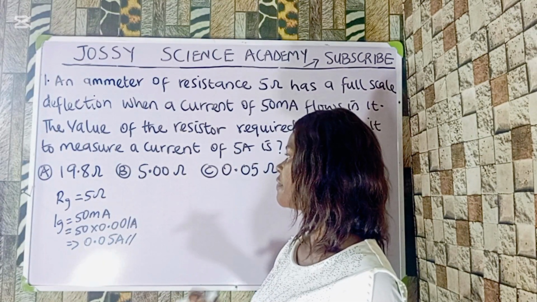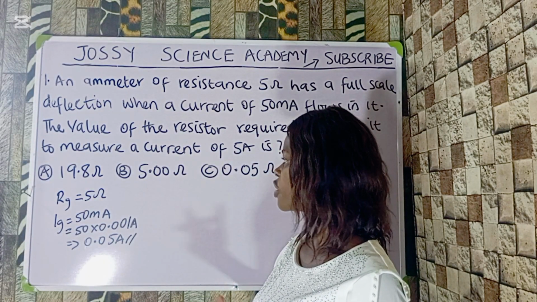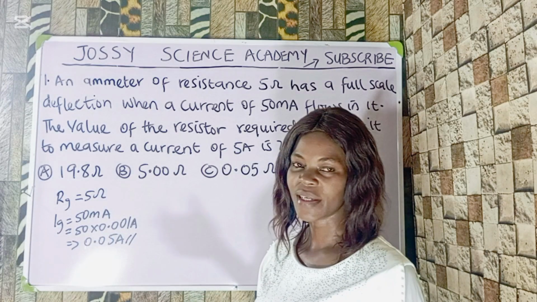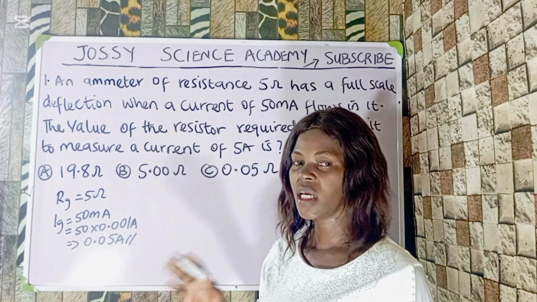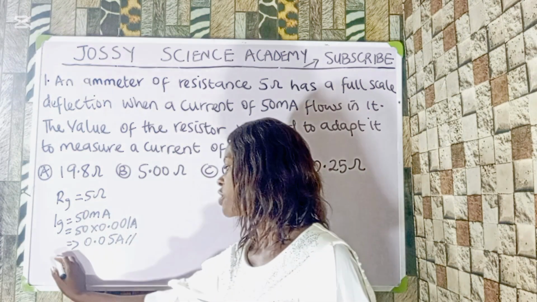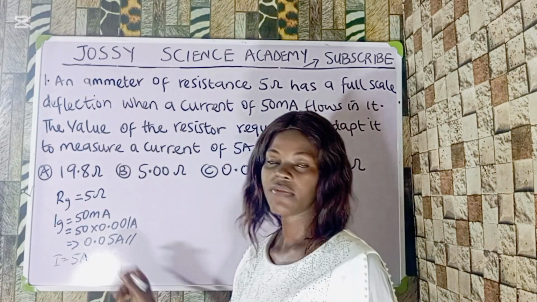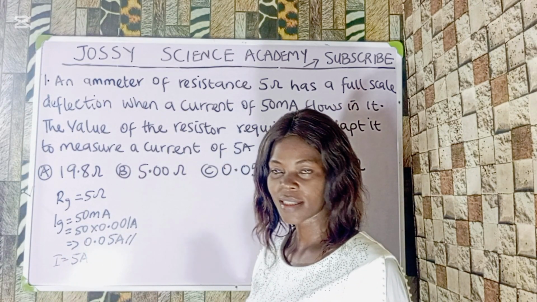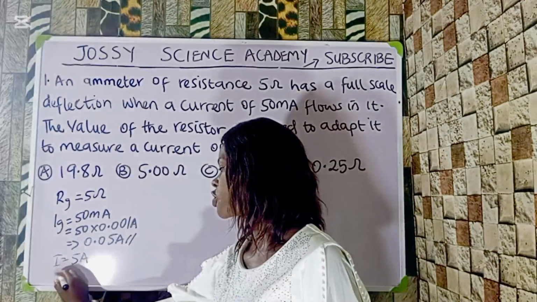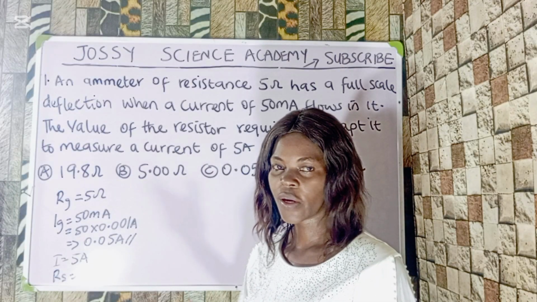Now, the value of the resistor required to measure a current of 5 amperes. In this circuit, the total current that flows is 5 amperes. So we are looking for the resistance of the shunt. But we don't even know the current of the shunt.